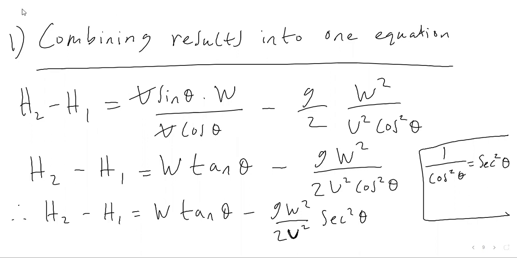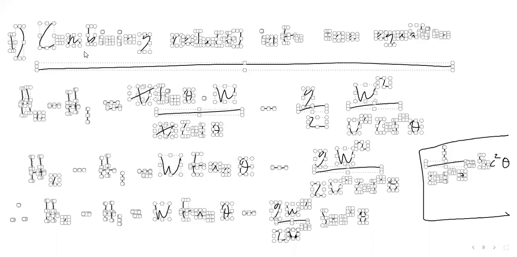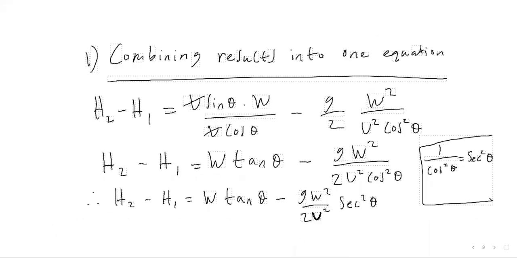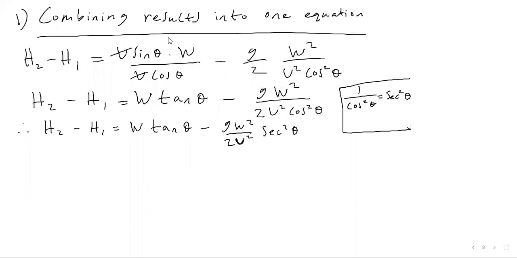I'm just going to make my writing, again, smaller. Oh, no, I didn't mean to do that. Right, let's try that again. Moving my writing up like that. Okay, so then what we get, we can actually now use a trig identity. Well, first and foremost, I'm going to get rid of this fraction here.